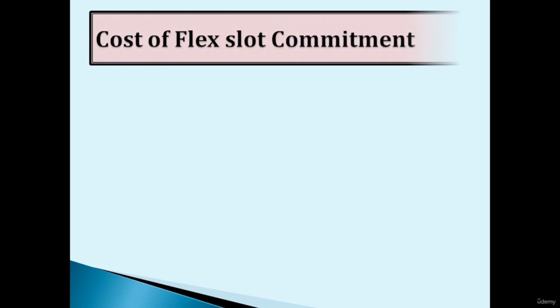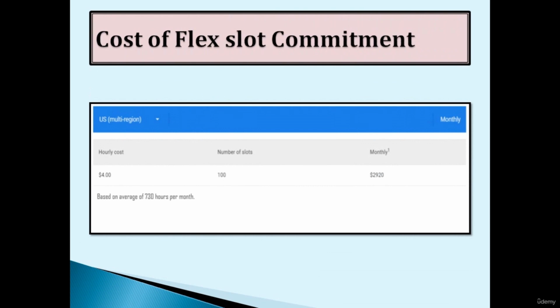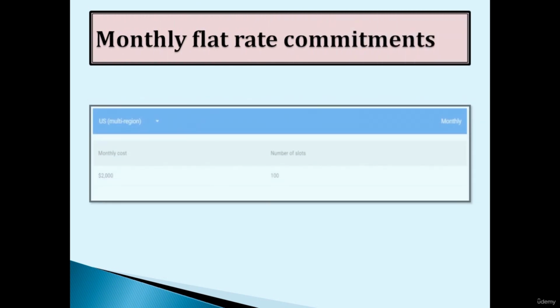The following table shows the cost of the flex slot commitment. Here you can see the hourly cost. You can see $4 for number of slots 100 and monthly charges 2920 US dollars based on an average of 730 hours per month. Then there are monthly flat rate commitments. The following table shows the cost of your monthly slot commitment.